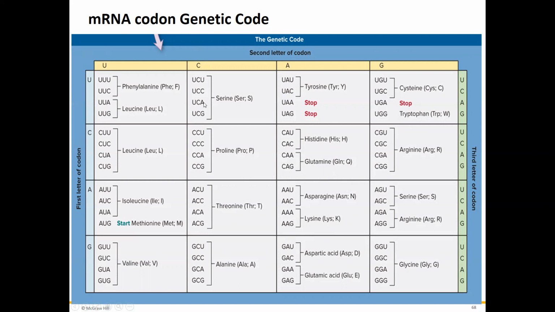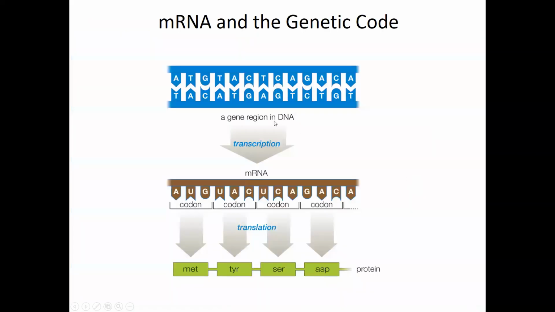So you've got this code that you're going to use to understand how translation is going to happen. Here's your DNA strand. You're going to separate the DNA strand to make the messenger RNA.